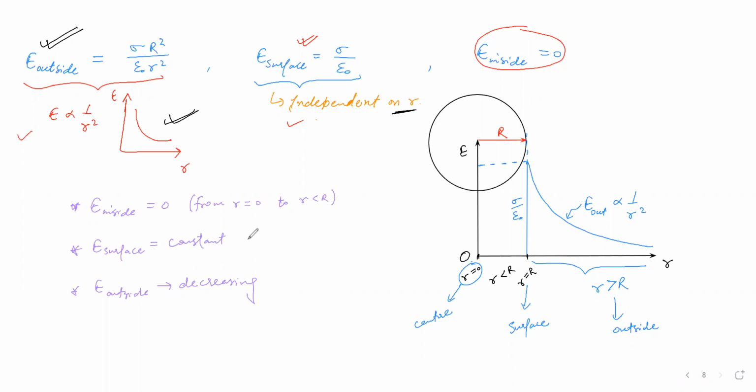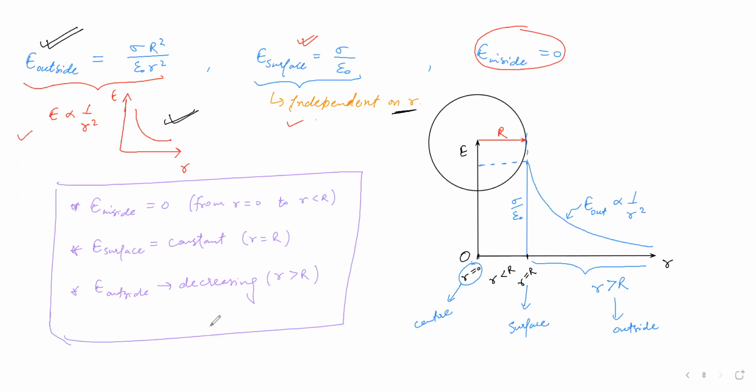It is a constant value at r equal to R. E outside is decreasing when r is greater than R. Are you clear? These are the 3 important points to remember, which explain this whole graph at once. Are you clear?